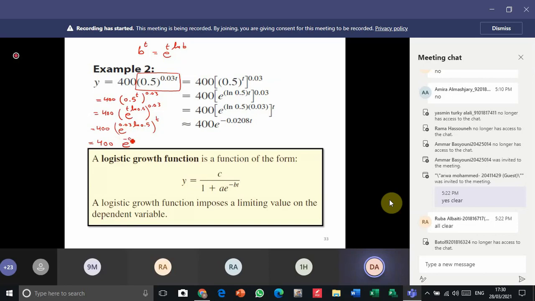So we have minus 0.0208 multiplied by t. So we converted y from base 0.5 to base e. If we need to convert to base e, we must use this one.